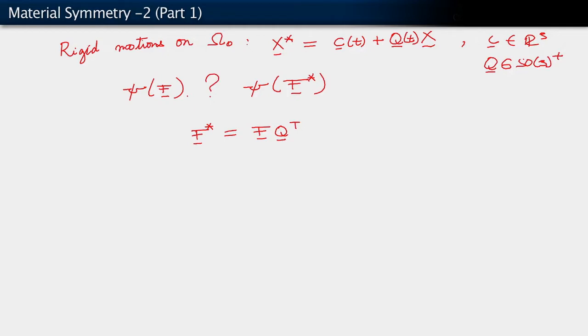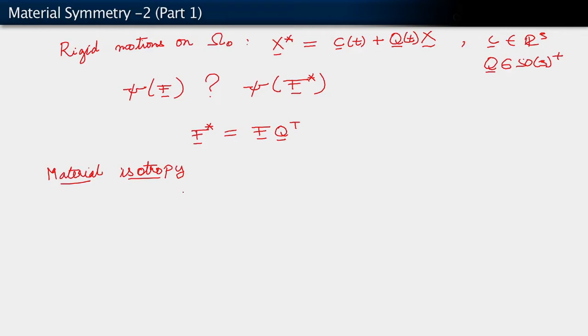All right, so the statement of material isotropy is the following. Material isotropy is assured if this function psi that we have picked is such that it doesn't care.